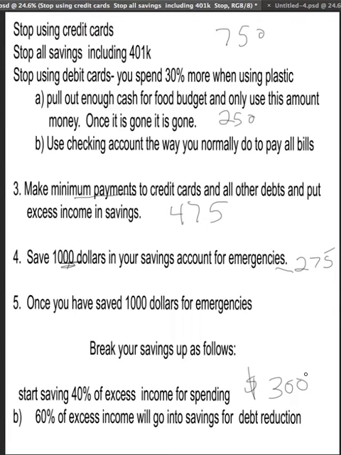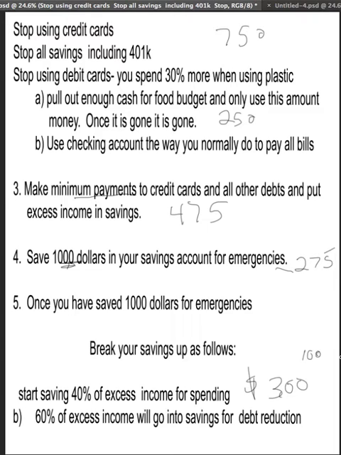But what I did say earlier is you can't put it on credit cards anymore. So let's say you want to purchase an $800 television. If that's what you want to purchase, go ahead and do it, but don't put it on a credit card. Now you've got to set up a plan with this. Maybe you save $50 or $100 a month until you have enough cash to go out and purchase it.